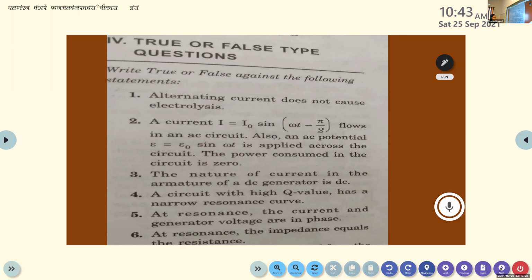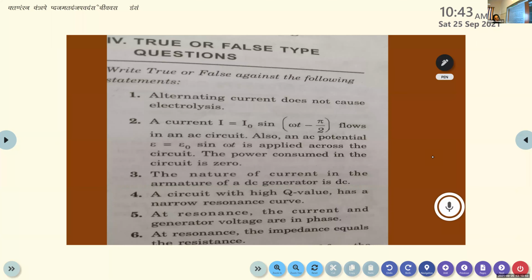Try to recall the concept of electrolysis that you have studied in chemistry. What do you mean by electrolysis? Electrolysis is something associated with the phenomenon of electroplating. Here we are using which type of current?